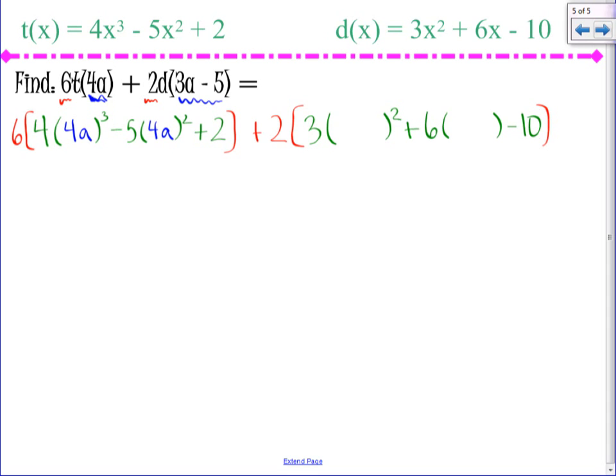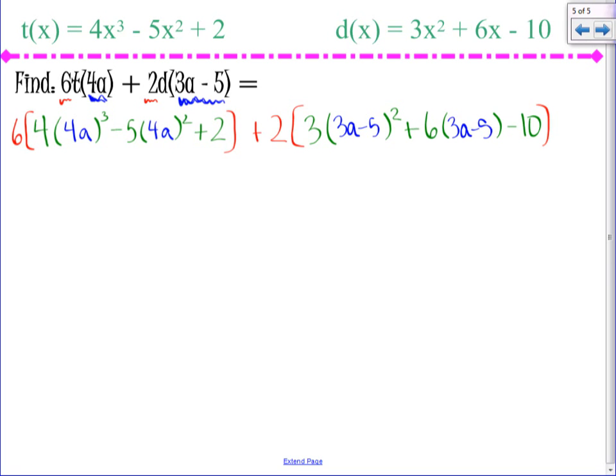What are we going to put in the parentheses on this one? Right here they told us this is what you're going to substitute in for x. So we've got 3a minus 5, 3a minus 5.